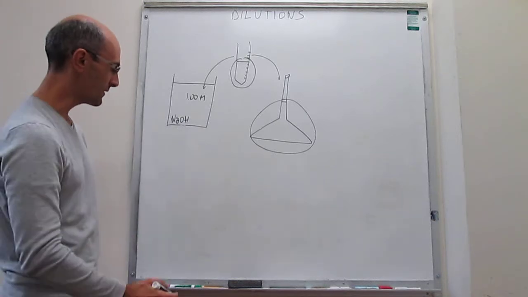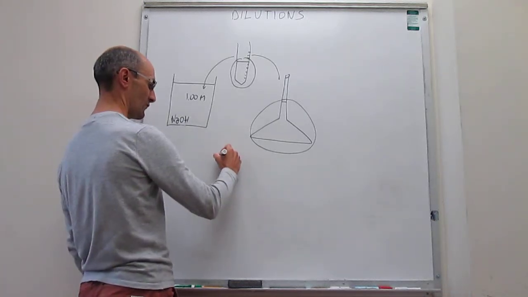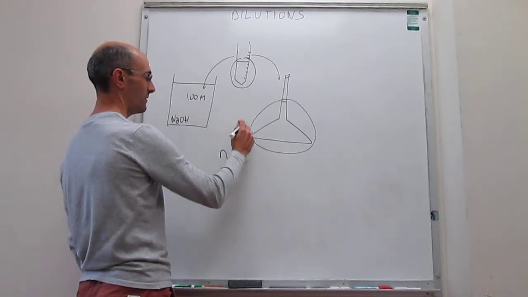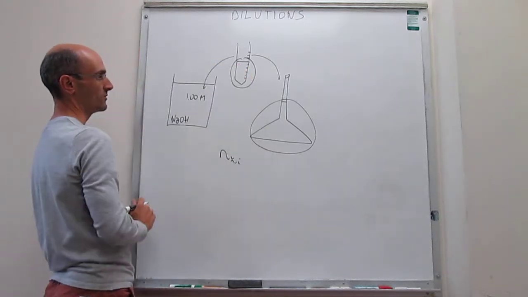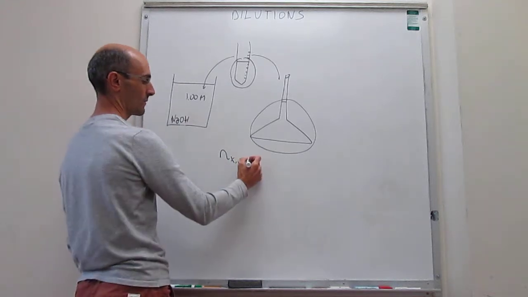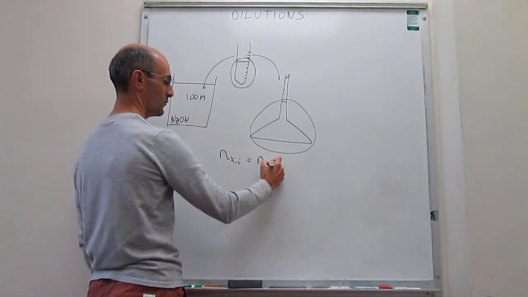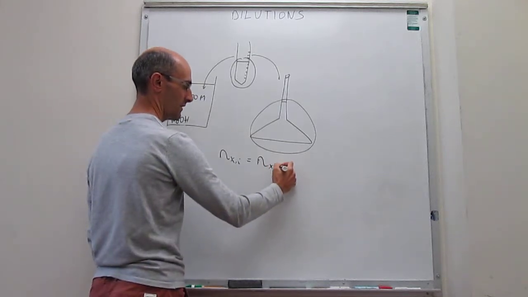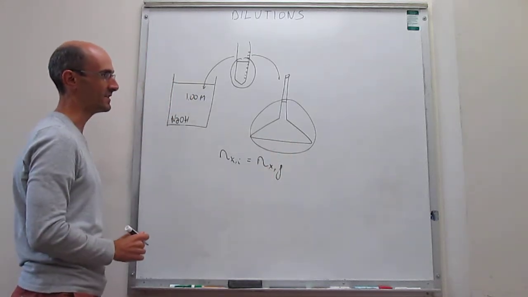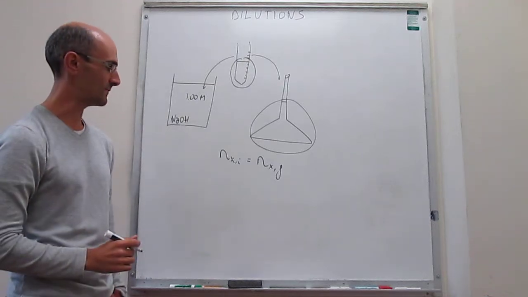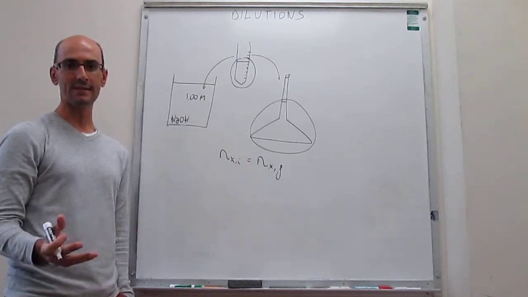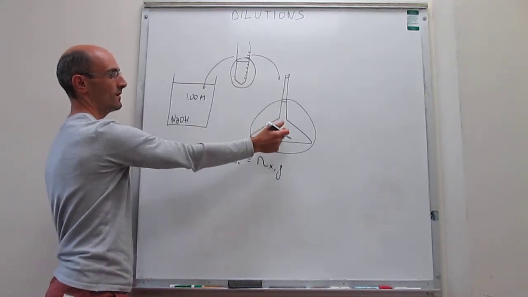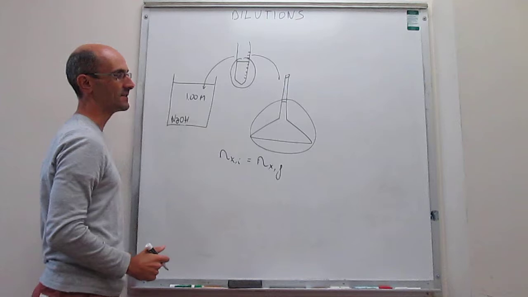So in practice, the number of moles of your substance X in the volume you're pipetting out of the stock solution has to be identical to the number of moles of solute in the final target solution. This number of moles doesn't change. The only thing you're doing is adding water, filling up until the mark.